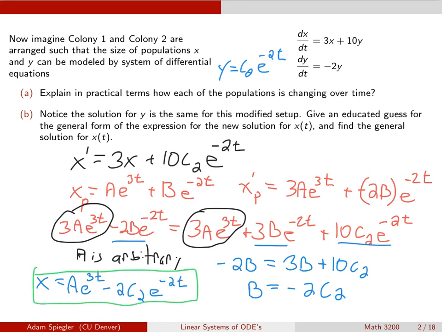So here's my solution for x, and here's my solution for y. And so now we've solved this system, and we do see that there's some relationship between these two, because I'm seeing this constant c2 in both of those solutions. But what we're getting now for our solutions are some linear combinations of exponential functions.